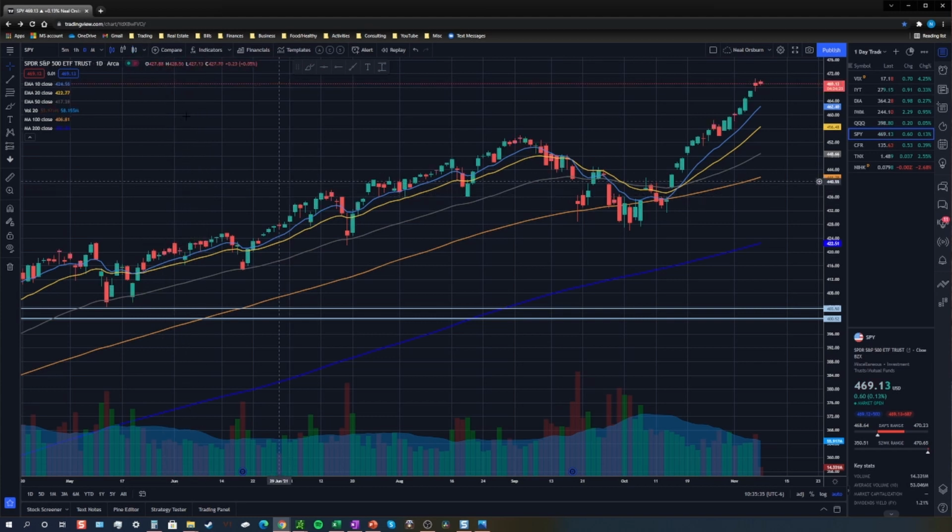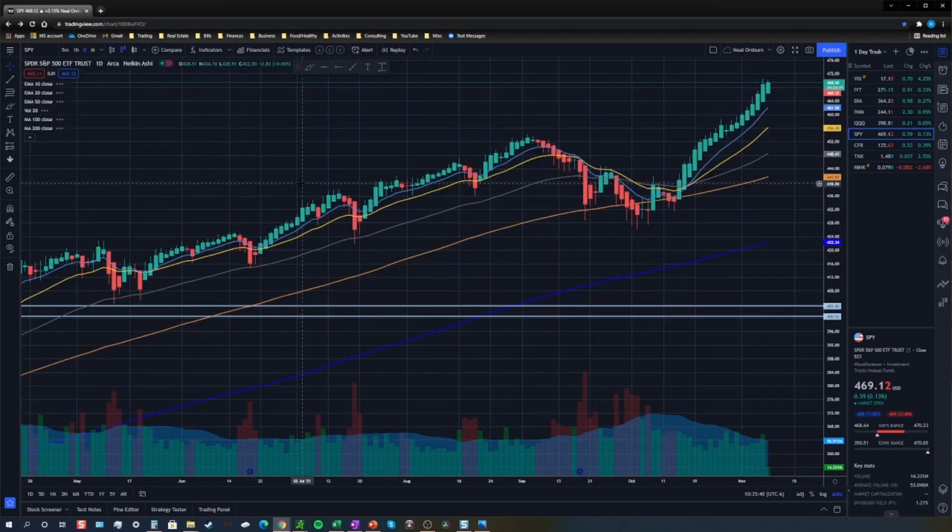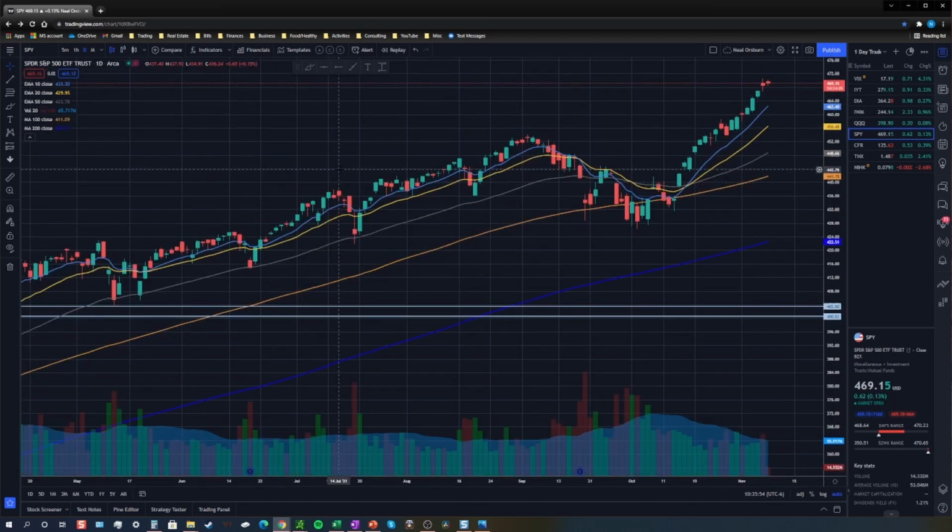I like straight candles myself. Heikin-Ashi is kind of neat, it makes it easy to see the trend and flow. You can spend more time figuring out all of these, but I'm not going to spend time on that today. So we'll just keep moving.